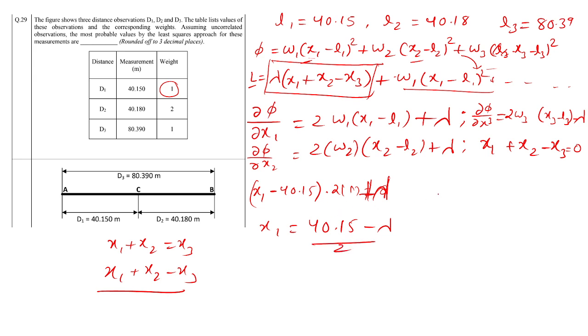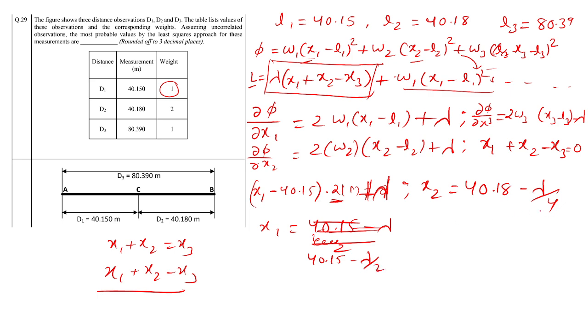Similarly for x2 also we'll do this. Directly I'm writing because everything is the same. So 40.18, and here lambda by 4 will come. This is not whole minus, because it was multiplied by 2. So x1 is 40.15 minus lambda by 2.